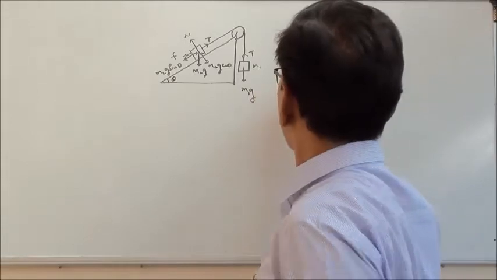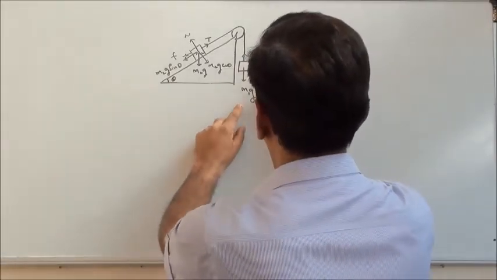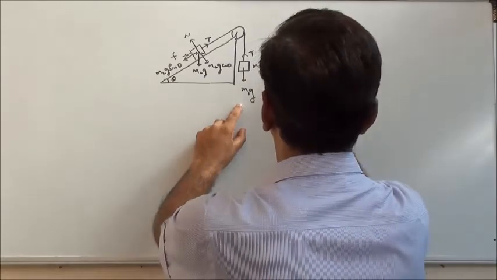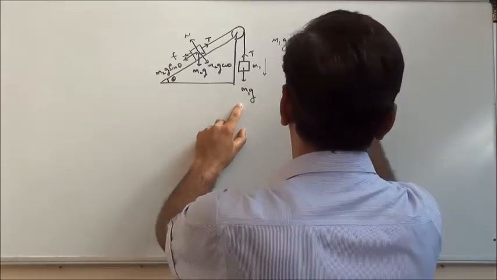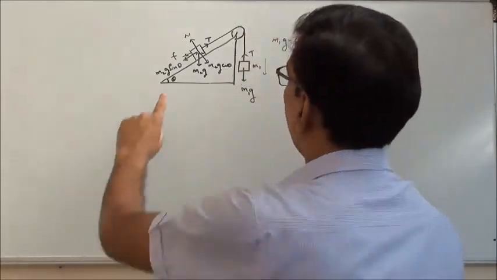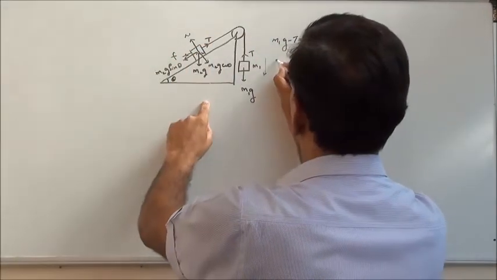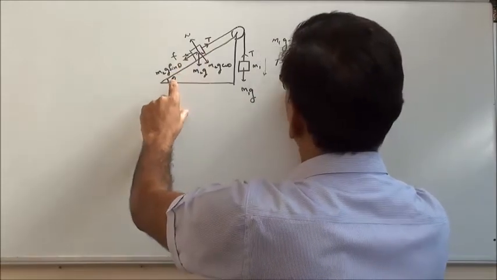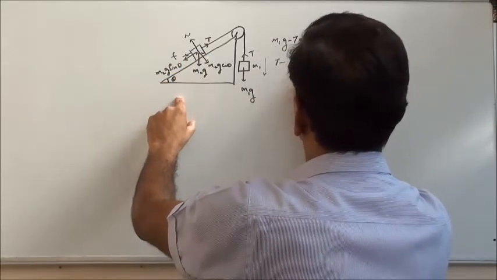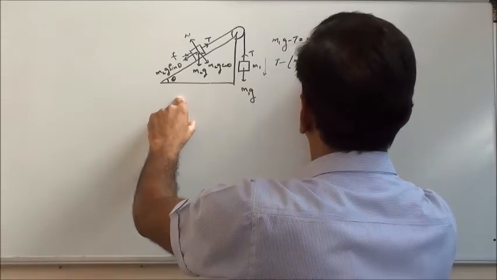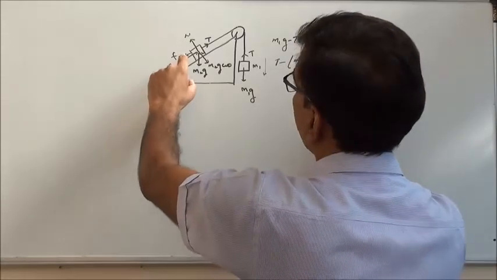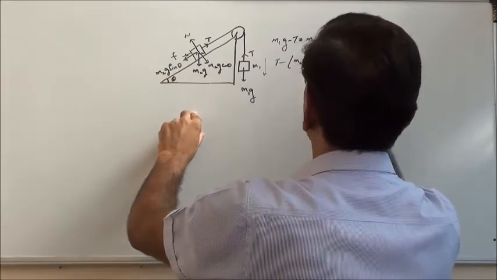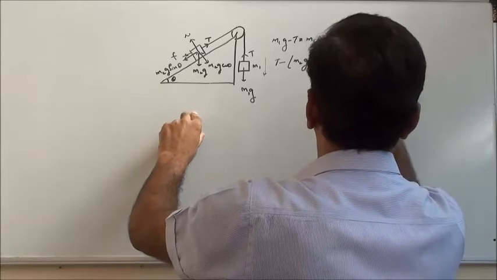What will be the equation for this? If it is moving down, m1g minus T is equal to m1a. And for this, it is moving along this, so T minus downward, there are two forces, m2g sin theta plus friction, friction is F, is equal to m2a.